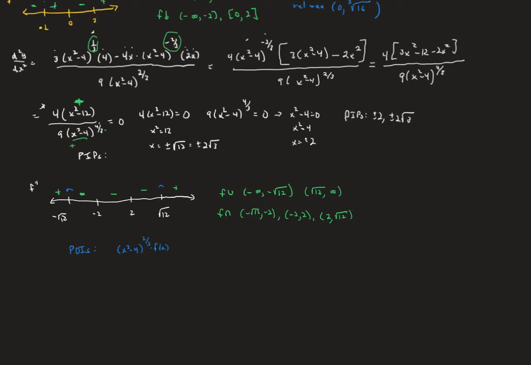So when we plug in either a positive or a negative square root of 12, the square root of 12 squared is 12, minus 4 is 8, the cube root of 8 is 2, squared is 4. So our inflection points are going to be at the positive square root of 12 comma 4 and the negative square root of 12 comma 4.